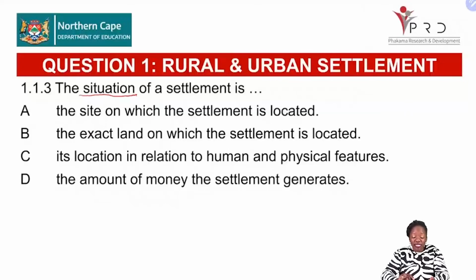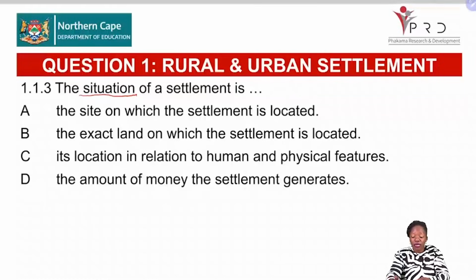B, the exact land on which the settlement is located? C, its location in relation to human and physical features? D, the amount of money the settlement generates? Another 1 minute, and then after 1 minute, we'll be able to proceed with our solution.